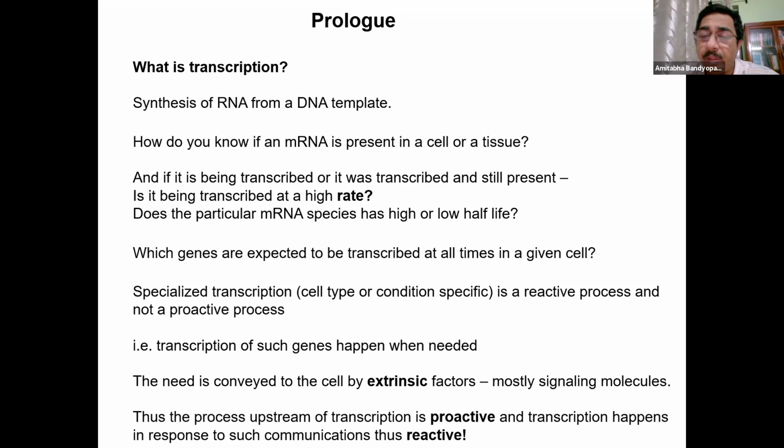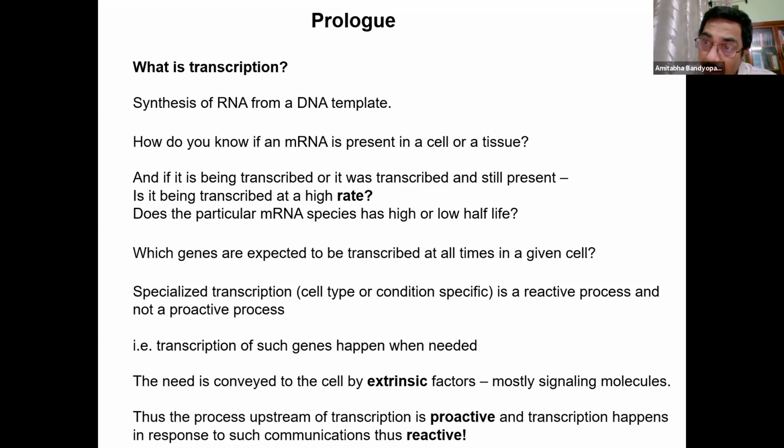Therefore, the process that is upstream of transcription, that is application of physical forces, changing the temperature, and presence or absence of a signal transduction ligand or a toxin or something like that, those are proactive processes, meaning they happen, they're the instigator.